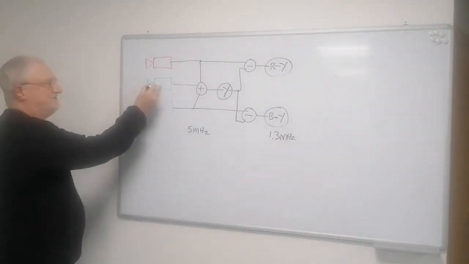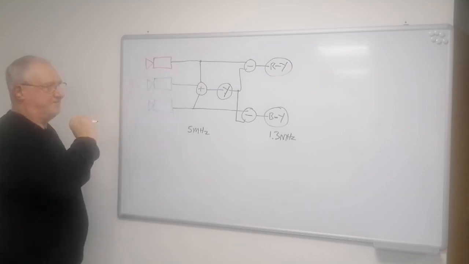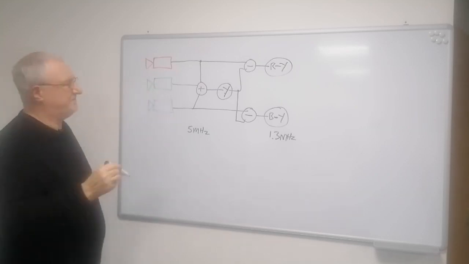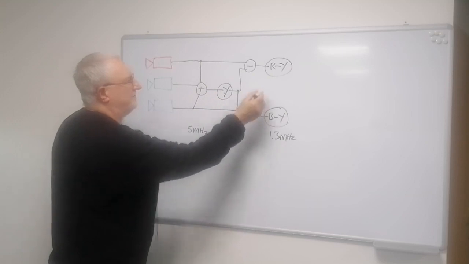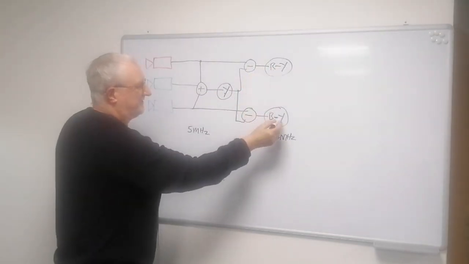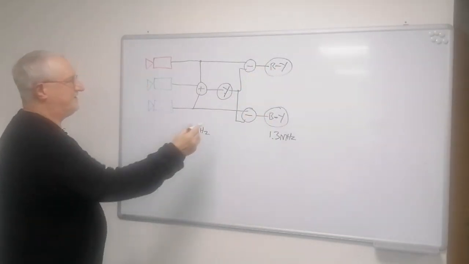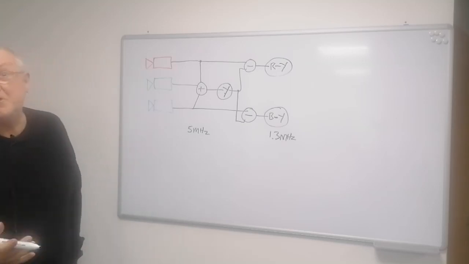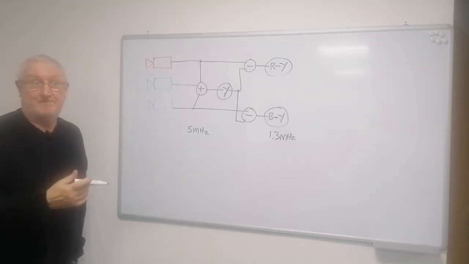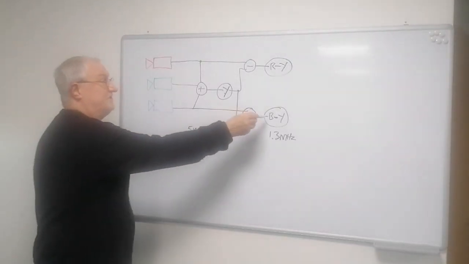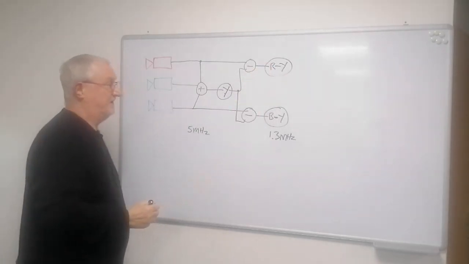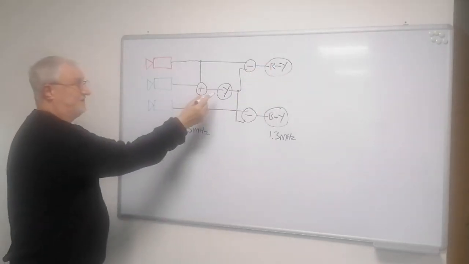We don't need to do the same thing with the green signal, because with a little bit of arithmetic, we know the Y signal, we know the R minus Y and the B minus Y, so we can derive the G minus Y signal from that. So now we've only got two low bandwidth signals, and we have the luminance signal.